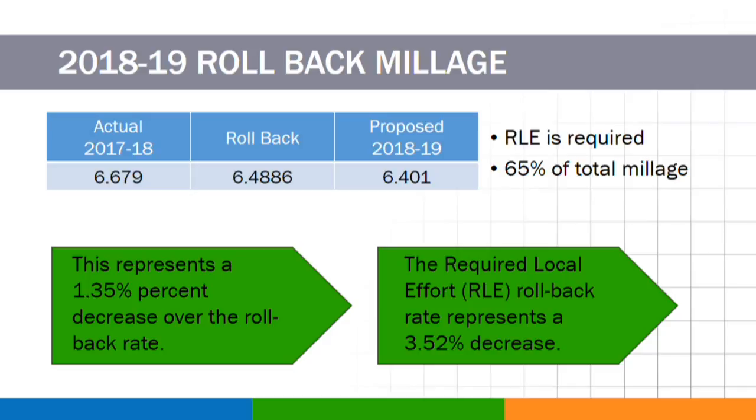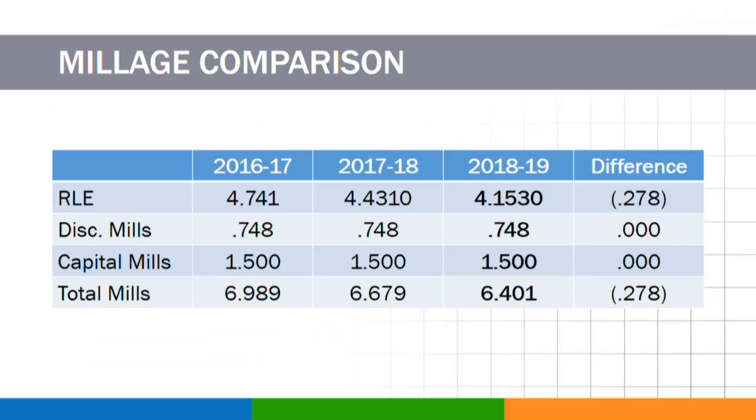When you look at the millages, there are three parts of it. There's the required local effort, which is the amount that you are required by the state to levy. The required millage rate will be 4.153. Discretionary millage is 0.748, and that is the discretionary one.